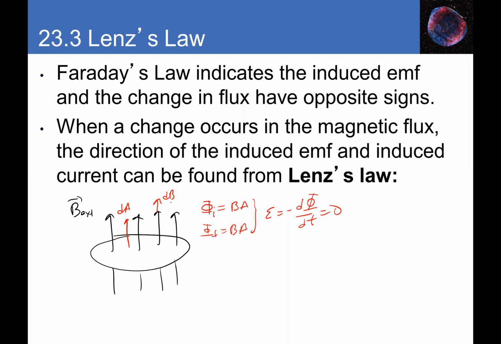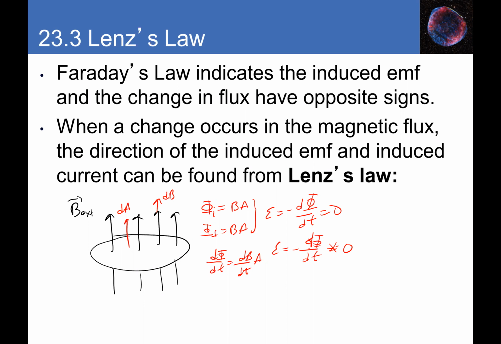That means the magnetic field through the loop starts increasing, so I get a change in flux over time, which will be dB/dt times A. A doesn't change, but the magnetic field is changing. So the EMF, the negative change in flux over time, is no longer zero, because I do have a change in flux due to the change in magnetic field strength.